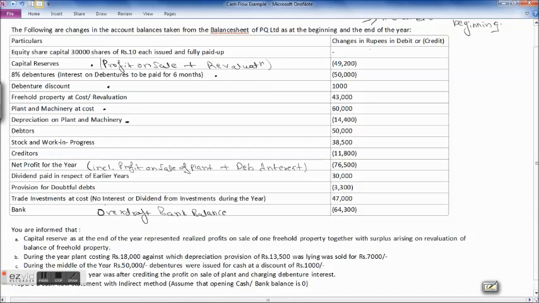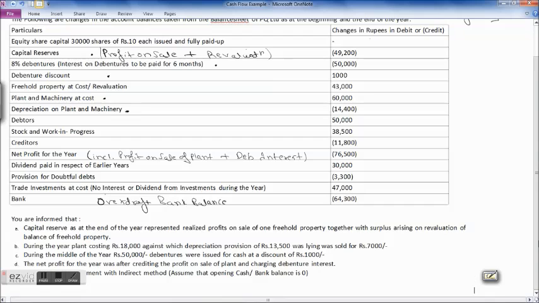So that the net impact is the same, that opening balance was 0, final balance is this change in rupees in debit or credit. That means this is what has been increased or decreased in that particular account during the year. This is how we'll prepare a memorandum account, and then we'll prepare some working notes. After that we'll prepare our cash flow statement.